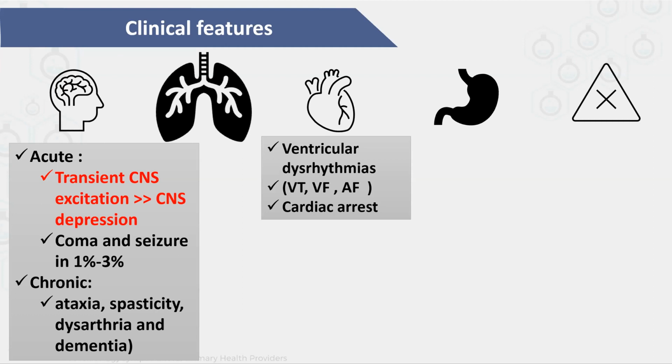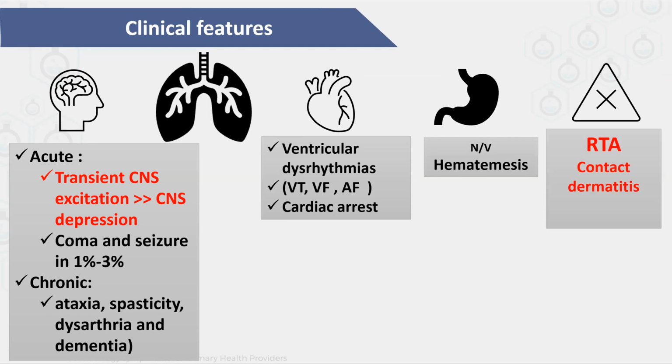He can go into cardiac arrest, and this is mainly because of the catecholamine surge due to the ingestion of hydrocarbon. In the GI, he has nausea and vomiting, and in severe cases, hematemesis. Other complications, for example renal tubular acidosis, and contact dermatitis in case he gets the hydrocarbons on the skin.